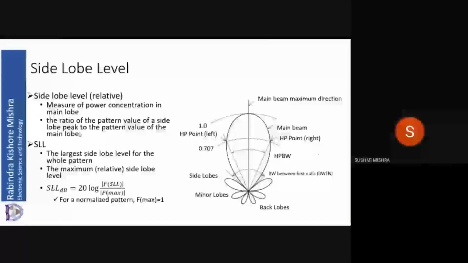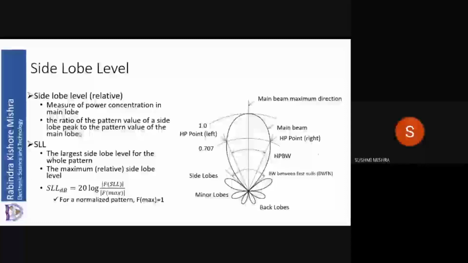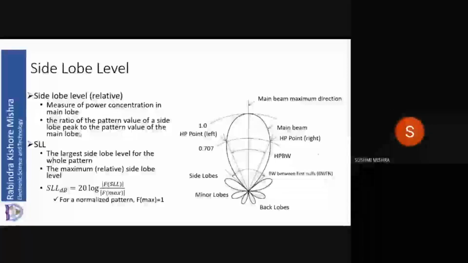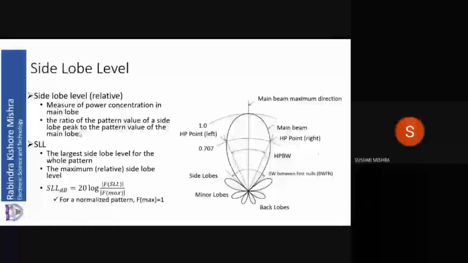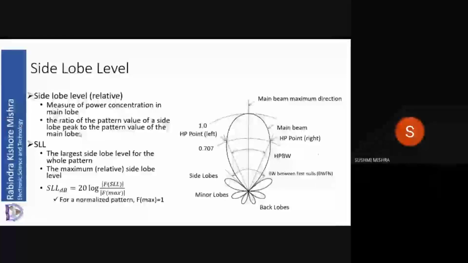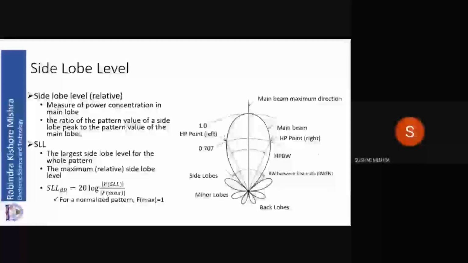So the angular separation between the first two null points is called the beam width of first null, or BWFN. So this is an explanation of a cut of a radiation pattern.